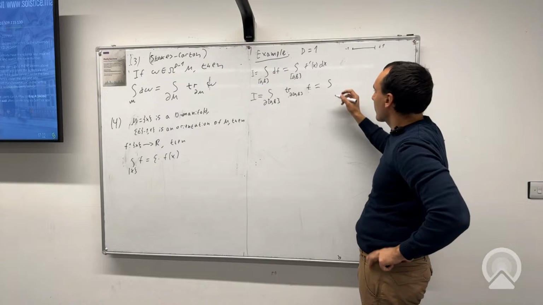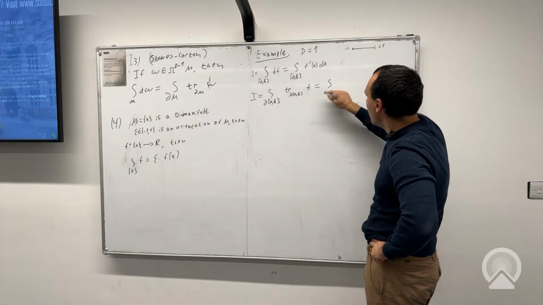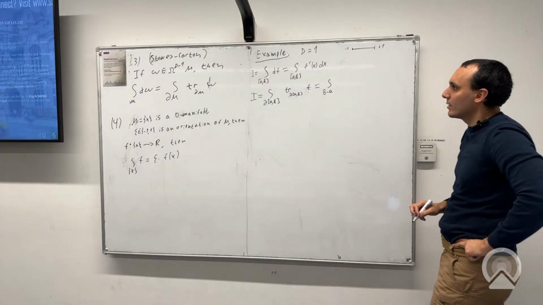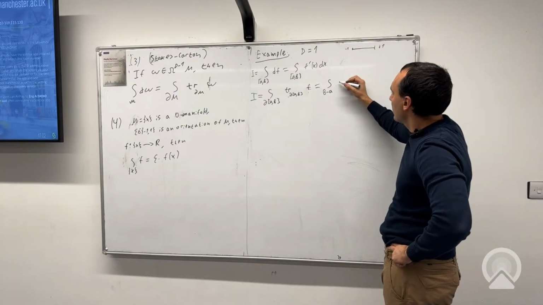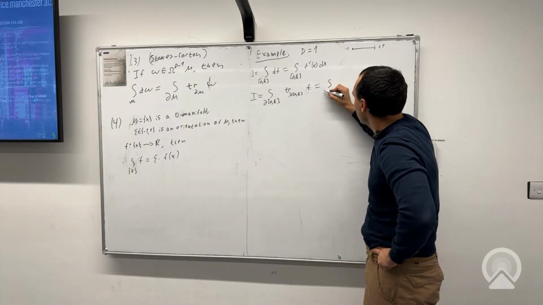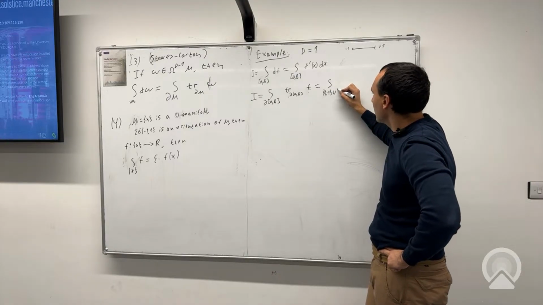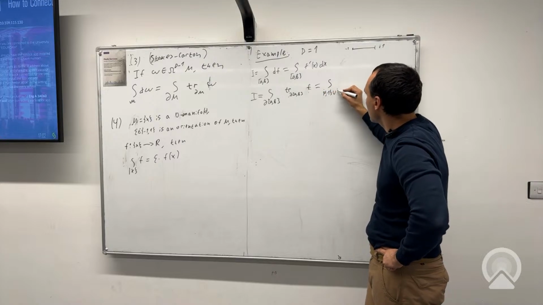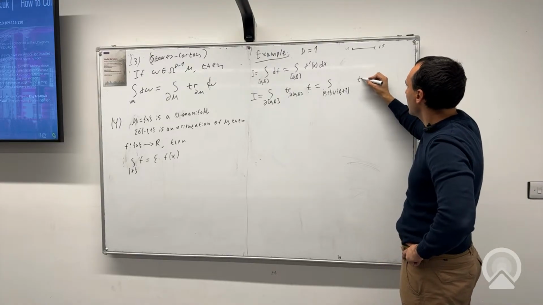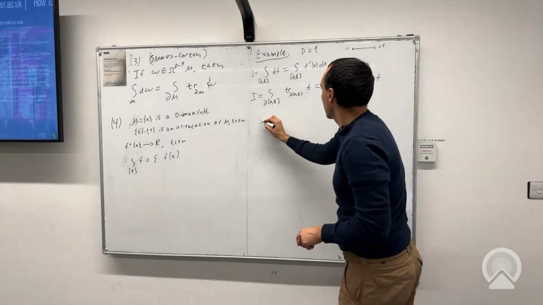So maybe I can write it this way: the integral over a with minus 1 and b with plus 1 of the trace of f.